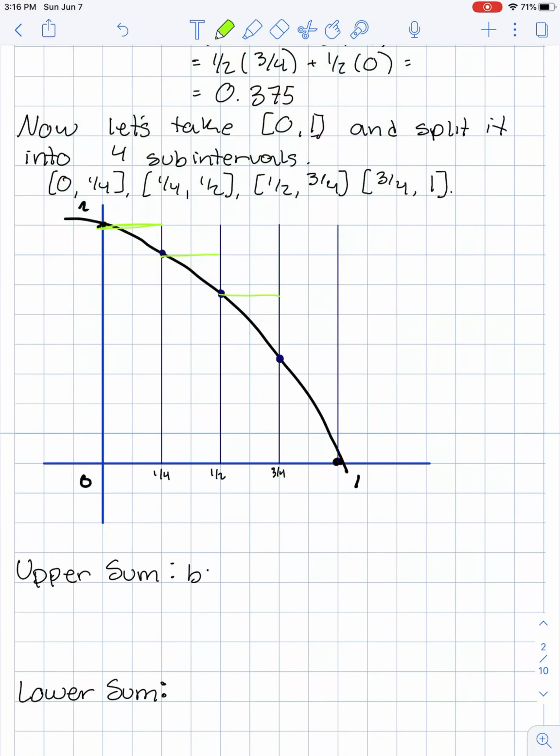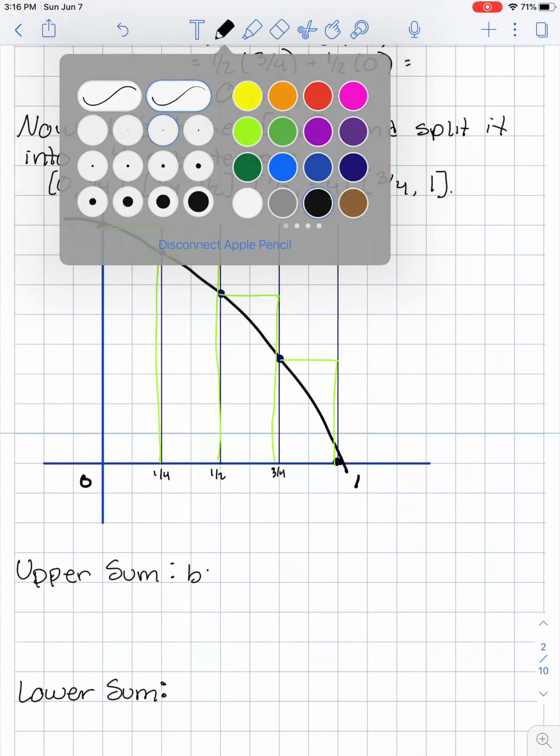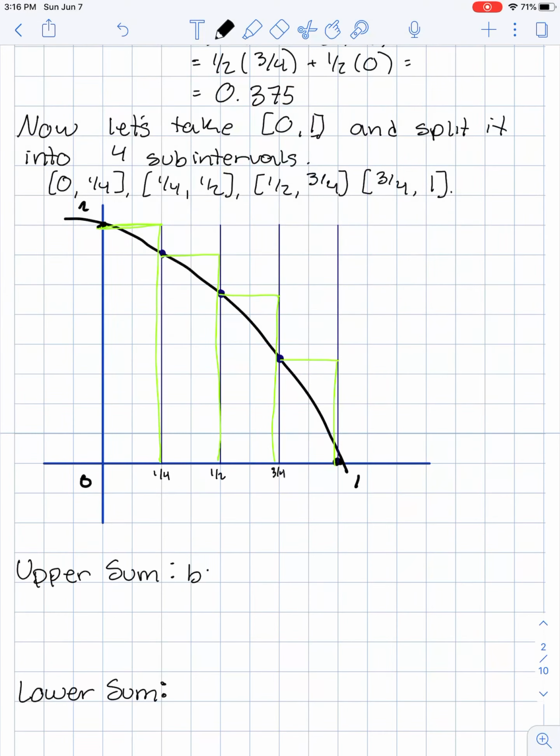There we go. So I have these 4 green rectangles that I'm going to calculate the area of. Each base is going to be 1/4 this time, right? From 0 to 1/4 is 1/4. 1/4 to 1/2 is 1/4 again.